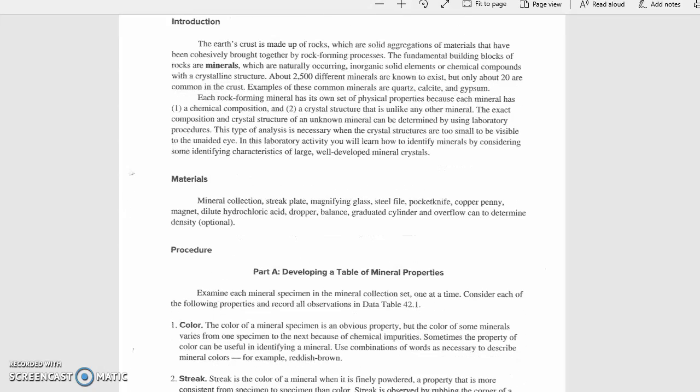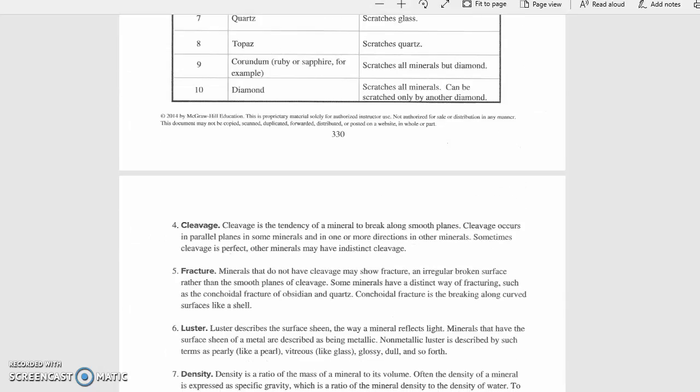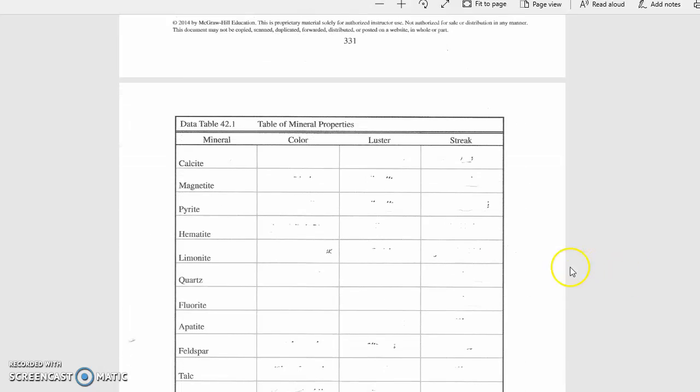The purpose of this lab is developing a table. That table is back here, and we're going to go through all 19 of those different minerals, looking at them in terms of color, luster, streak, and then we'll continue on to the next page.